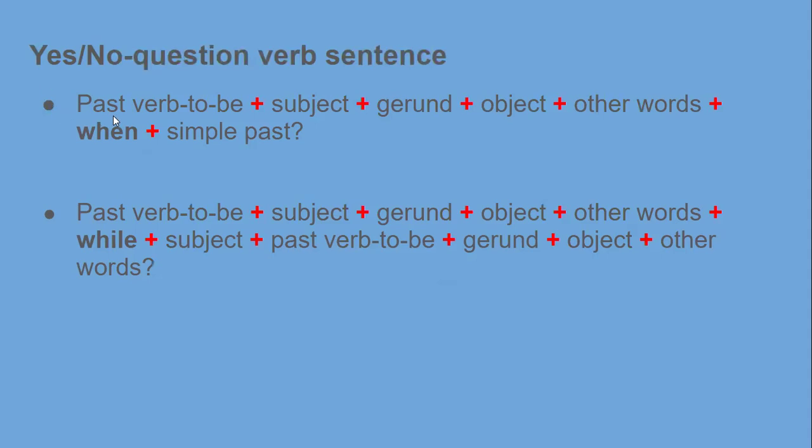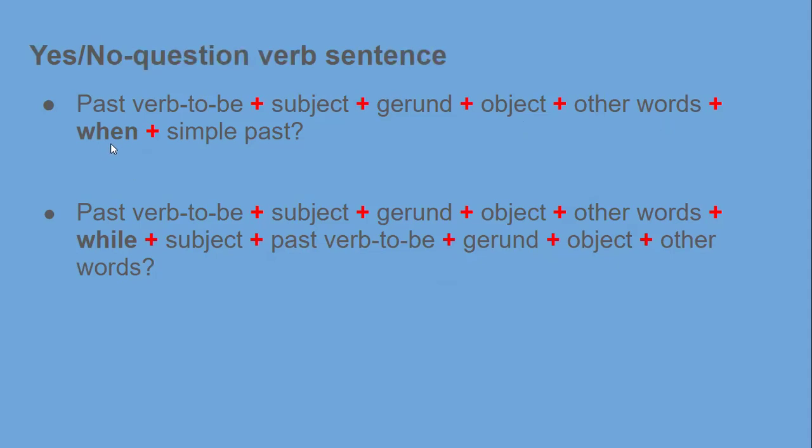So first, you need the past verb to be, which is of course was or were, depending on the subject. And then from there, you put the subject. After the subject, you need the gerund. The gerund is of course the verb that ends with ing. After the gerund, you then need the object. After the object, you put other words.